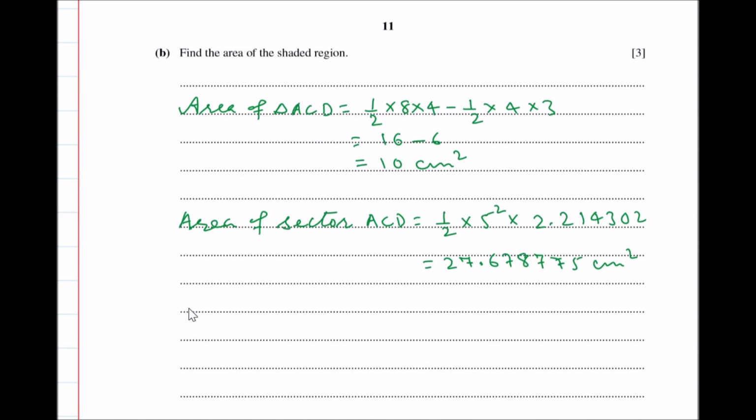So let us find the shaded area. Shaded area equal to 27.678775 minus 10, that is equal to 3 SF, it will be 17.7 centimeter square.